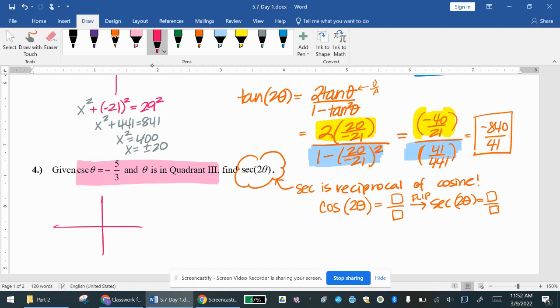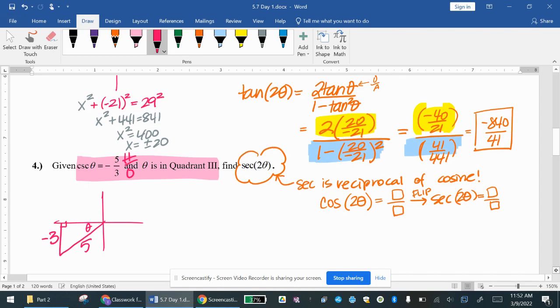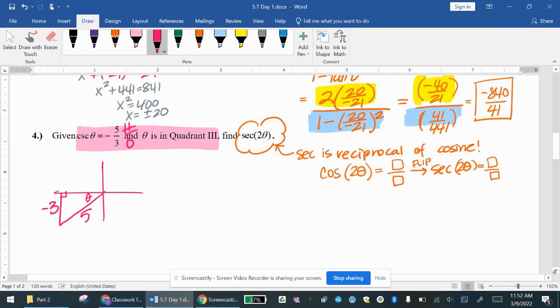Okay, so quadrant 3, here's our theta. We've been given hypotenuse over opposite. Remember, cosecant is a reciprocal of sine. So hypotenuse and opposite. The hypotenuse is never negative, so I put the negative on the leg on the left. Okay, so the pattern for cosine of 2 theta, remember, because that's the reciprocal of secant, has a lot of different patterns.